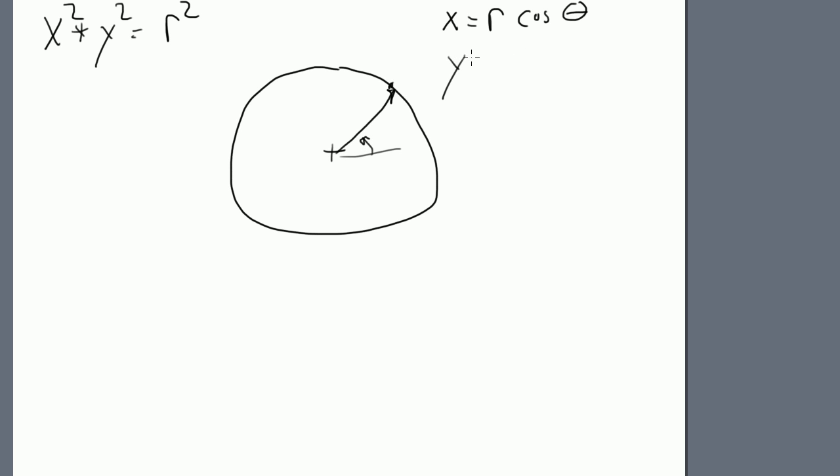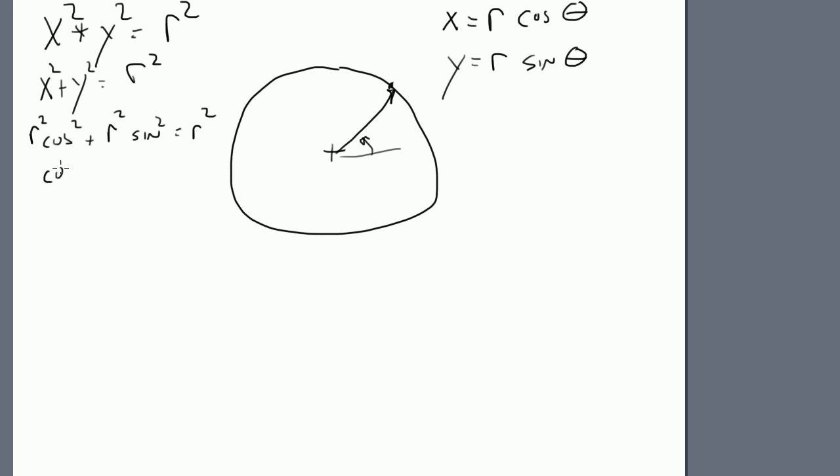And the value of y equals r times the sine of theta, which means that another way to write this up is x squared plus y squared equals r squared, or you could write r squared cosine squared plus r squared sine squared equals r squared. You could divide everything out and you would get cosine squared plus sine squared equals 1. And you know this is true.